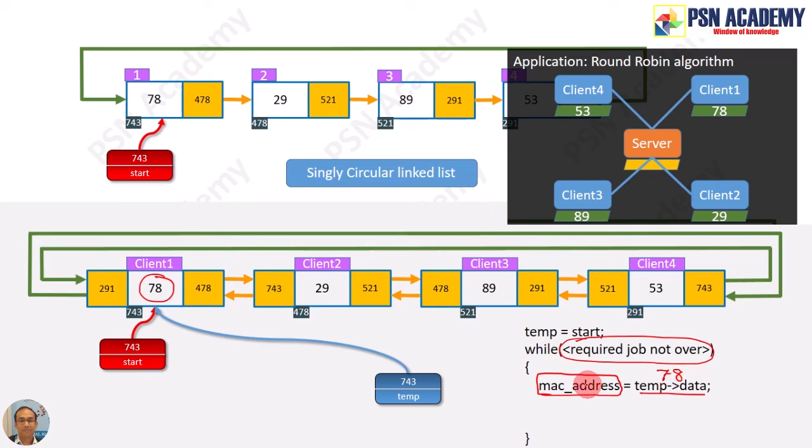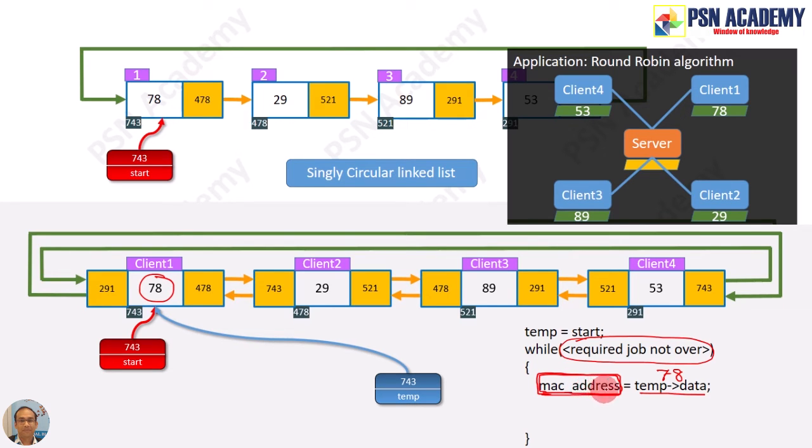Now this is really not the MAC address you are familiar with. This is just a variable name I have taken. I actually meant to say that this is a machine address. So it may be MAC address, it may be IP address, whatever the algorithm will support, you do that. But this is just a variable I have taken to indicate that we are dealing with the address of the machines. Okay.